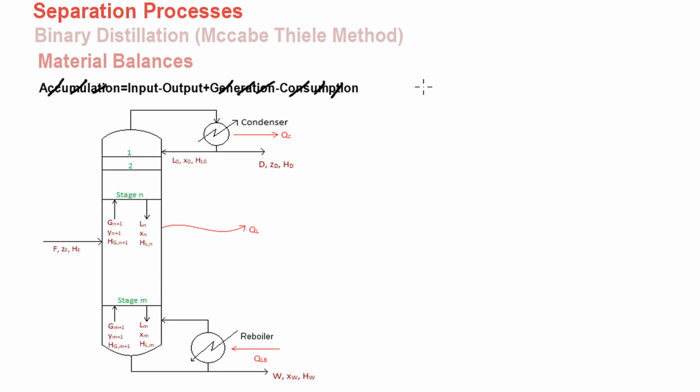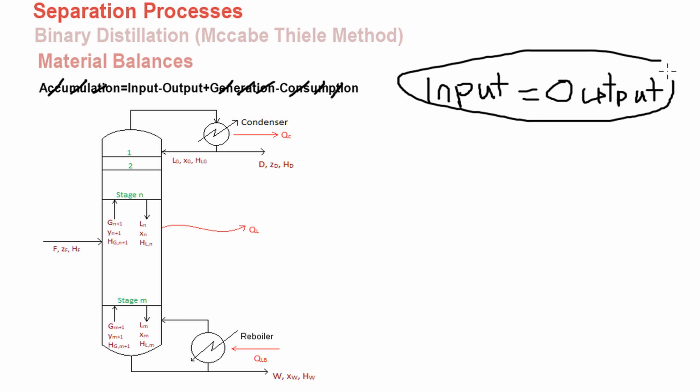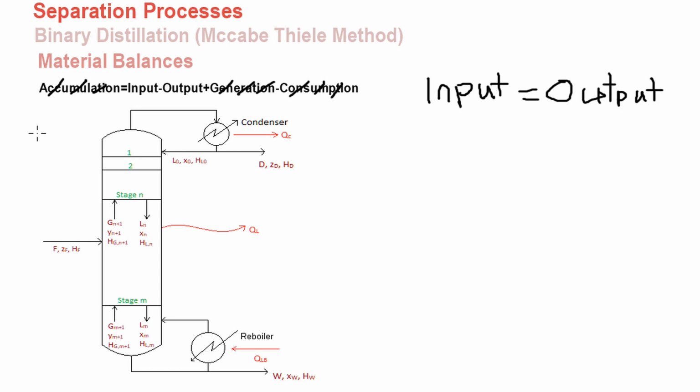And you can write that at the side. Input is equal to output. And this basic equation would be utilized throughout this video series to solve the different material balances.